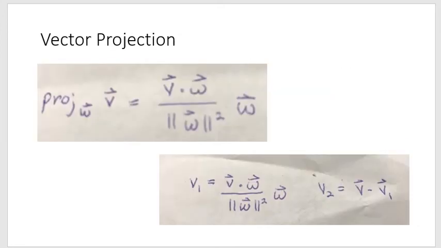Vector projection, I actually hate just a little bit, but the projection of vector v onto vector w equals vector v dot vector w over the magnitude squared of vector w, times vector w, which is like the first component of your new vector, and the second component is going to be your total thing minus v1.